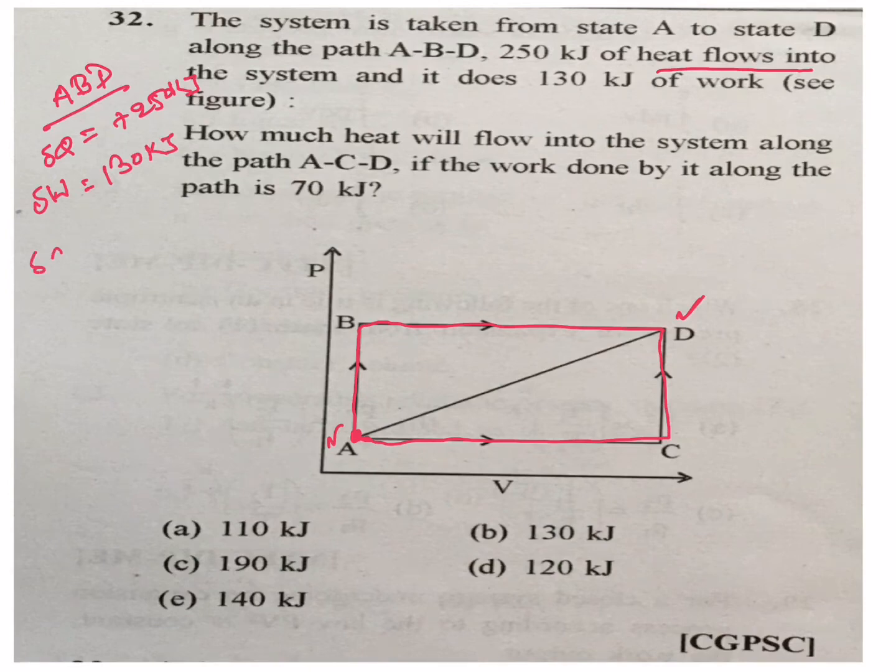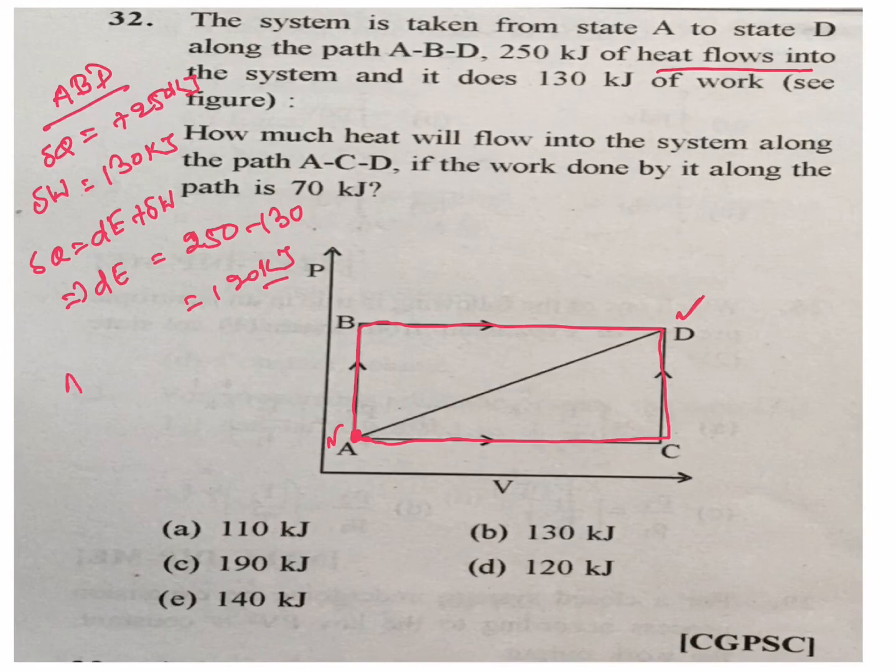Internal energy, apply first law, delta U from A to D, how much will you get? 250 minus 130, 120 kilojoule.